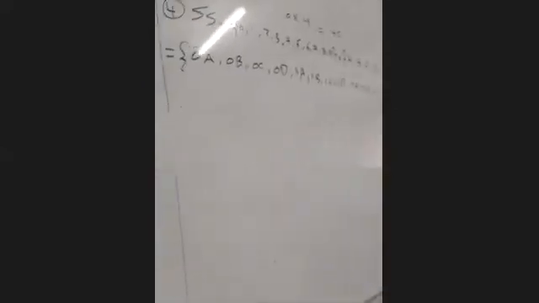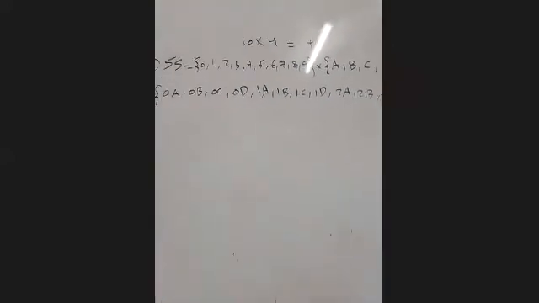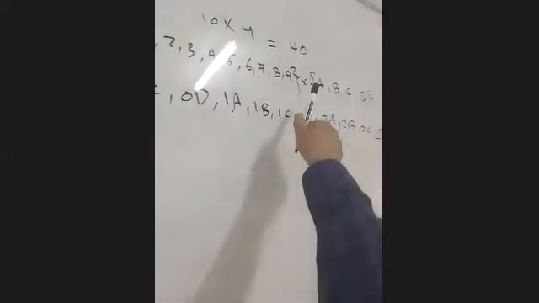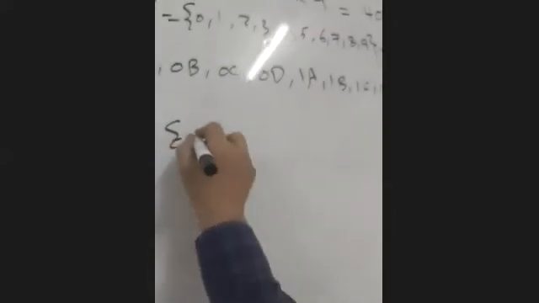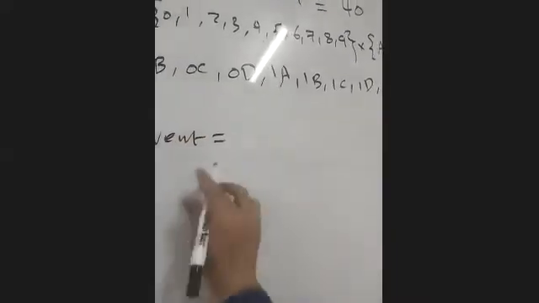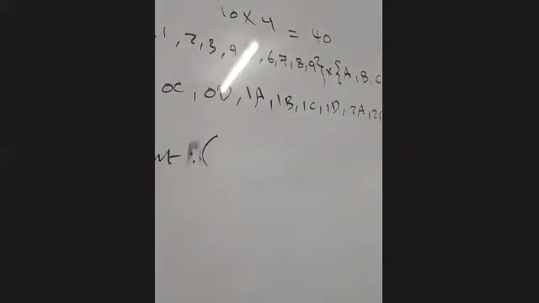What is the probability that the number 3 and a consonant are selected? 3 and what? A consonant. So we want 3 and a consonant. Tell me, 3 with A works?